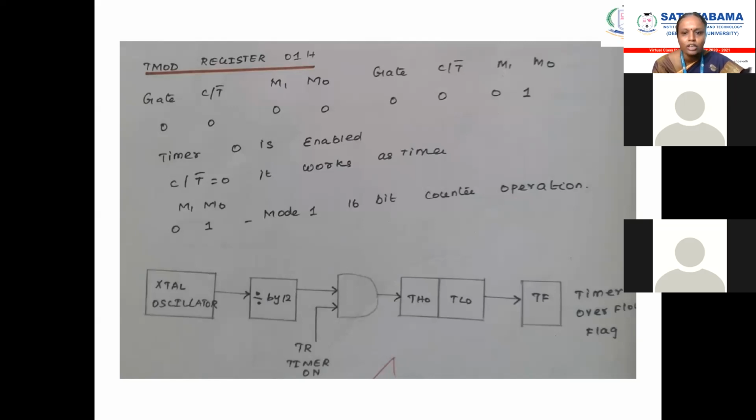I already told, counter means it is always used to increment or decrement, but timer is used to create the time delay in the program. So the timer mode register is used to select which timer mode I am going to use in the particular program, and whether I have to use counter operation or timer operation. All this will be decided by the timer mode register.